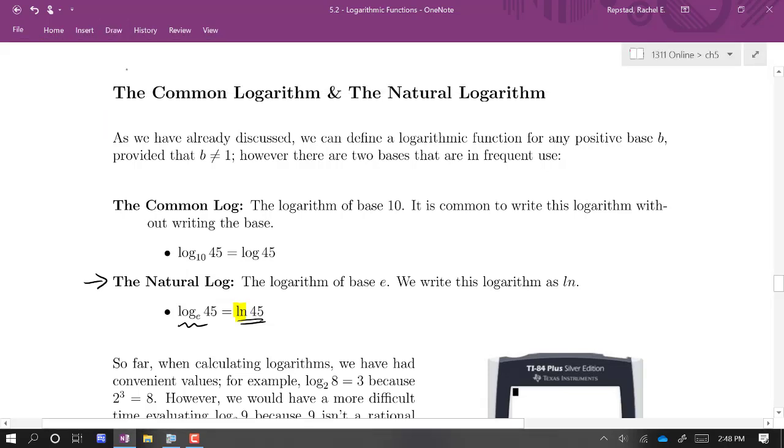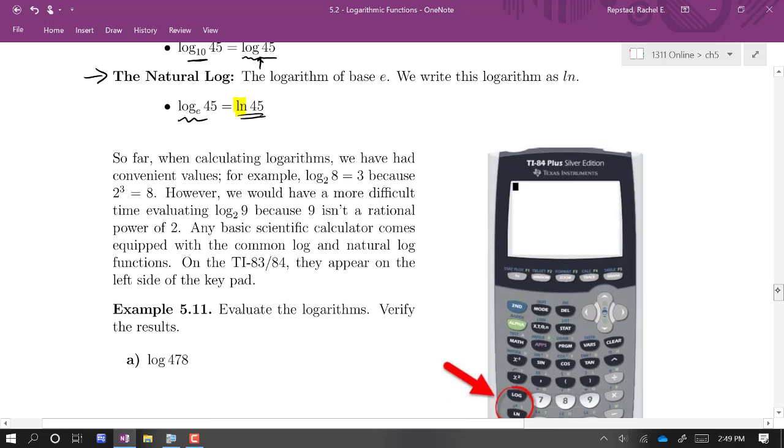The common log is the log base 10, and in a lot of books they'll write the log base 10 without any base at all. So if you see log 45 and there's no base indicated, it is understood to be the log base 10. These bases are so common.